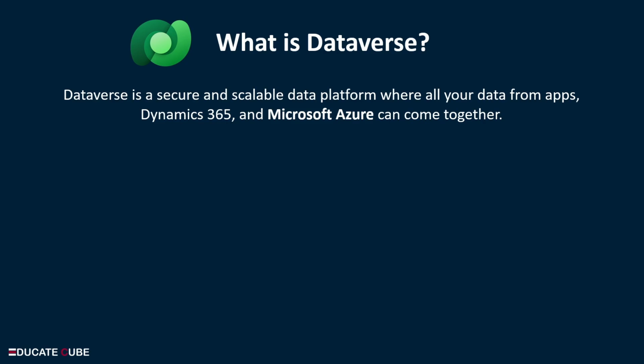It is a secure and scalable data platform where all your data from apps, Dynamics 365, and Microsoft Azure can come together. Think of Dataverse as a centralized hub that makes it easy to connect and use your data seamlessly across tools like SharePoint, Dynamics 365, and Office 365.